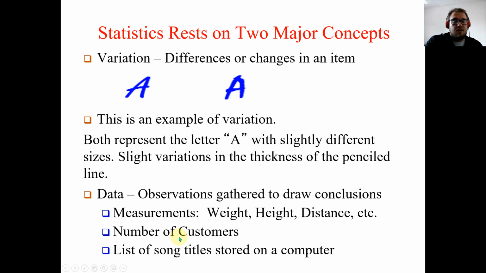Another could be the number of customers coming into your store. Maybe you want to know how many customers come into your store on Fridays versus Mondays, and see how you could bring more customers on Monday rather than have a huge spike at the end of the weekend. Another example would be a list of song titles stored on a computer.